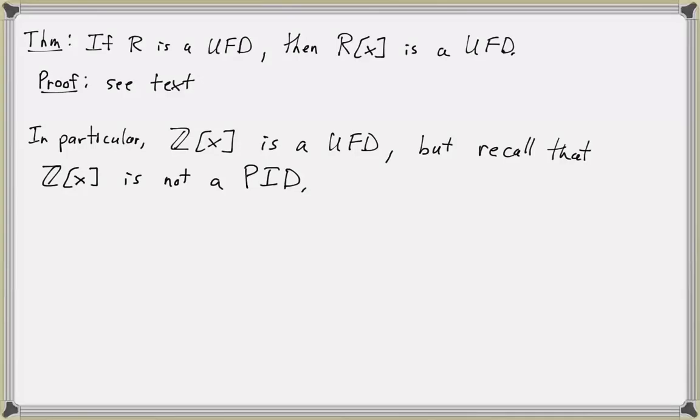So the point is that we've just shown that every PID is a UFD, but the converse is not true. Not every unique factorization domain is a principal ideal domain. So the class of unique factorization domains is actually bigger than the class of principal ideal domains.